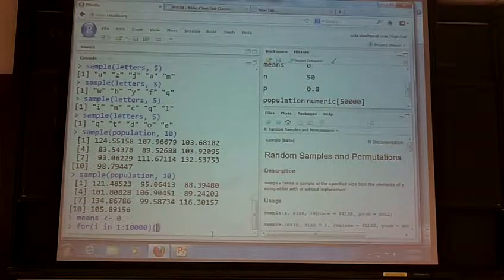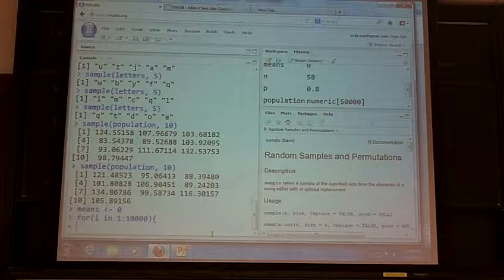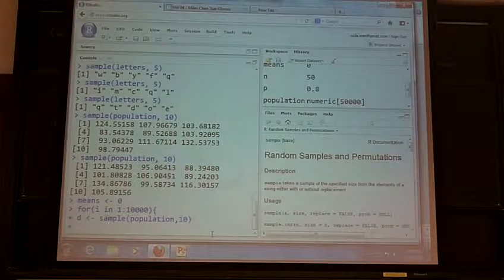I don't know if you guys are familiar with loops at all, but don't worry. I'm going to just say: take a sample of size 10, and I'm just throwing it into a temporary thing called D. And then what I'm saying is, take the mean of D, of that sample of 10, and store the result in means.